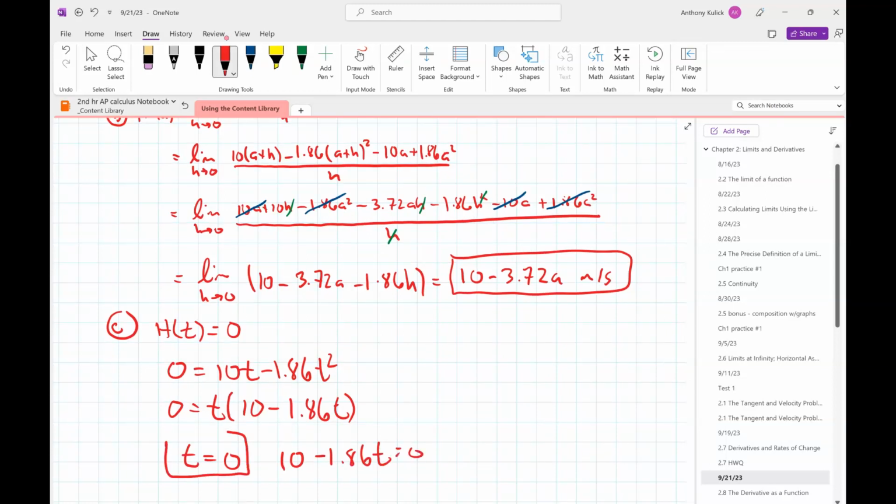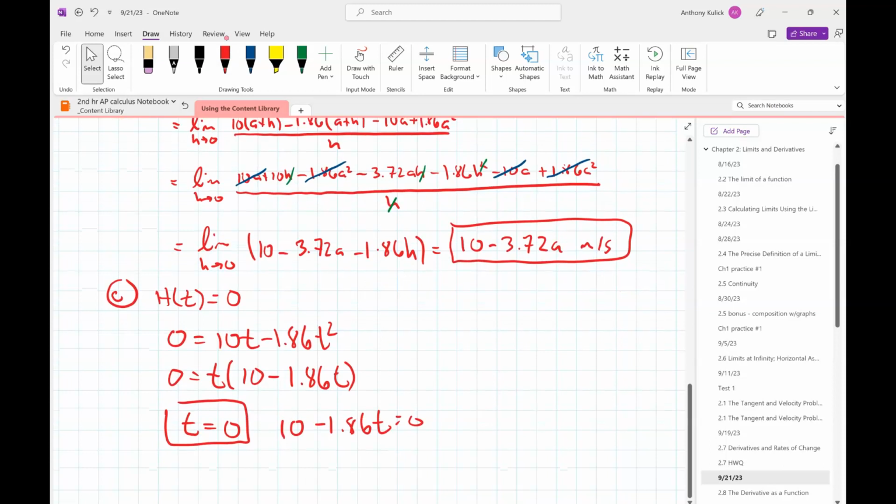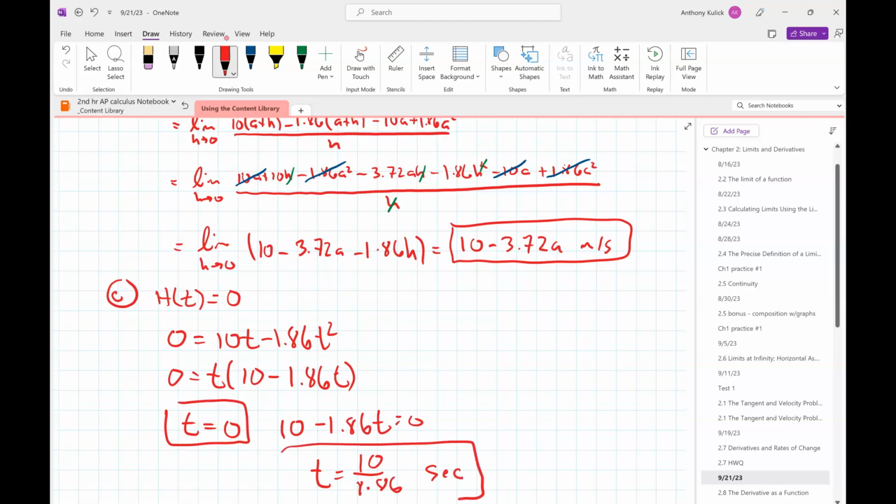So one solution is when t equals 0. That's probably the start before we throw the rock up in the air. And the other piece is going to be 10 divided by 1.86, whatever that number is. I don't really care. I'm just going to leave it as the fraction.